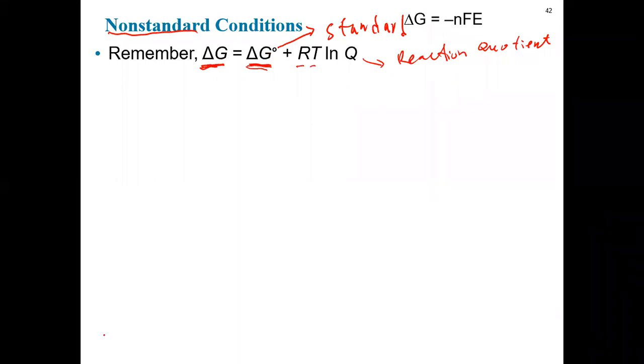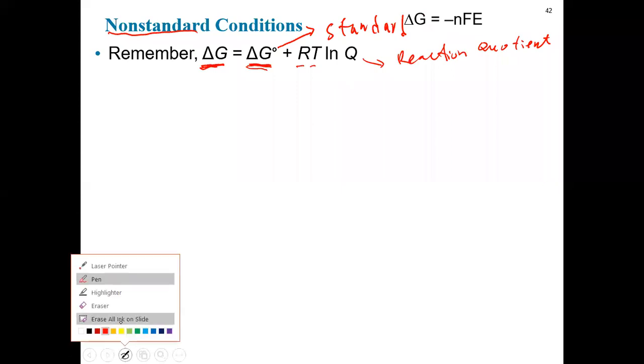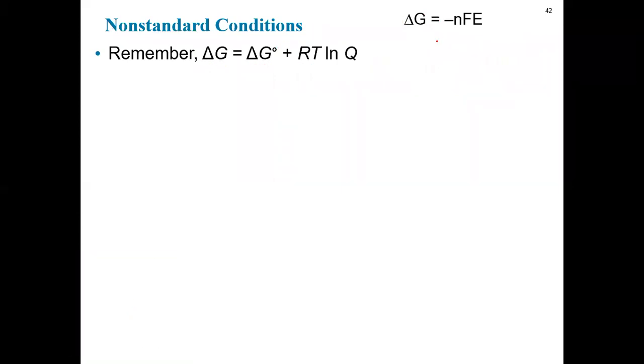Okay, now this was in the last chapter. In this chapter, we learn the connection between delta G and E, which is this, for non-standard. This equation is true for any condition. So for non-standard, we have delta G equals negative n F E. Then you can imagine the equation for standard: we have delta G naught equals negative n F E naught.